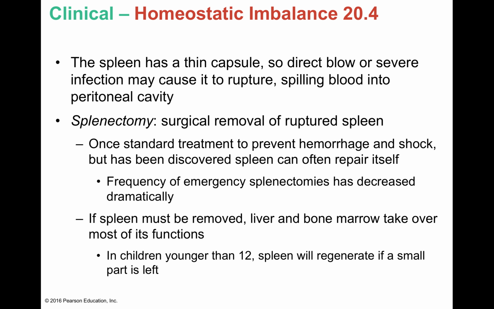Let me talk about the homeostatic imbalances. One thing interesting about the spleen is that if a spleen is removed in children or young adults, a spleen has the ability, if you leave a piece of a spleen inside and take the majority of it out, to regenerate itself.